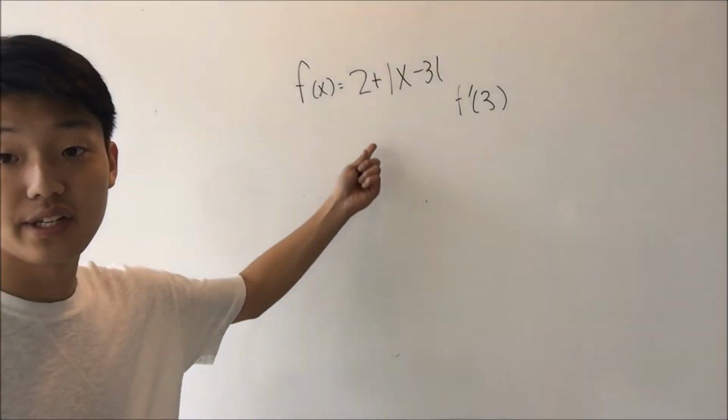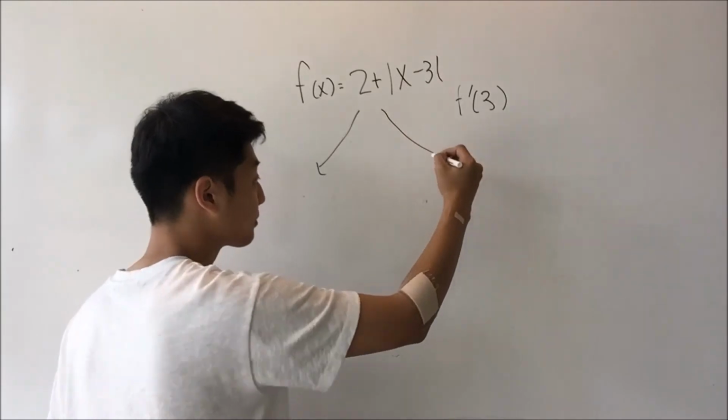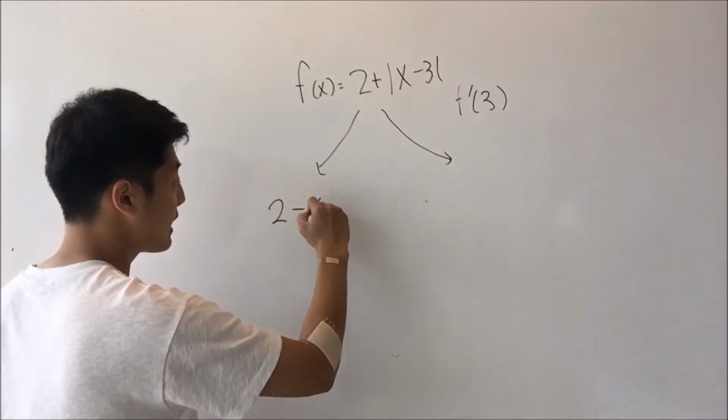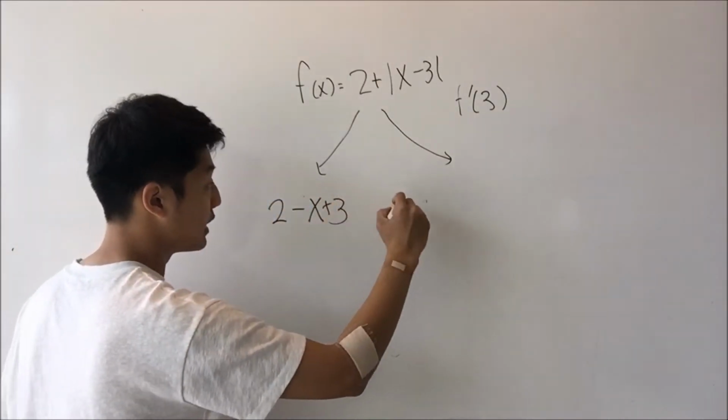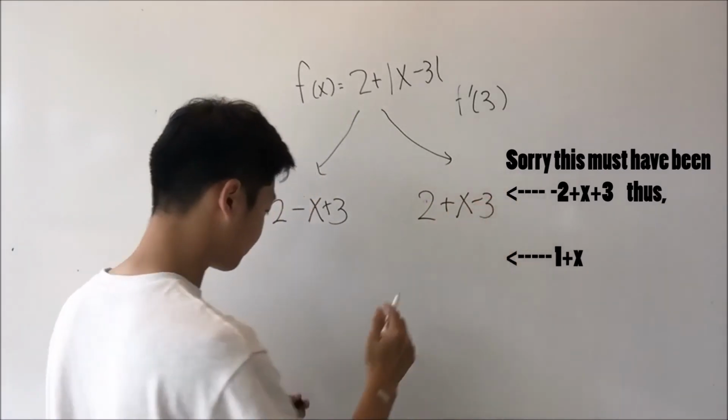What you have to do is first divide this into 2 equations. 2 minus x plus 3 and 2 plus x minus 3.